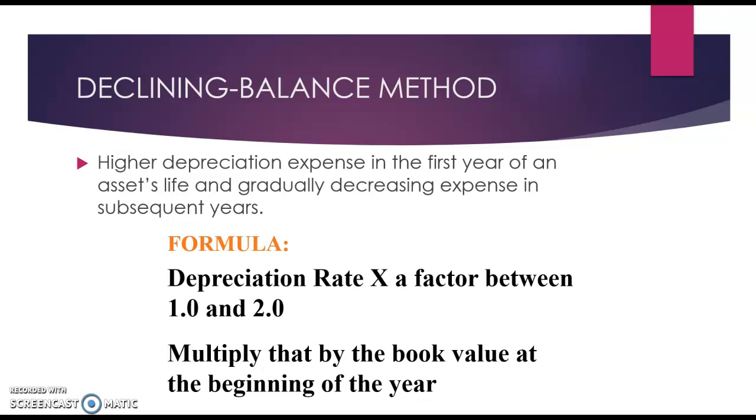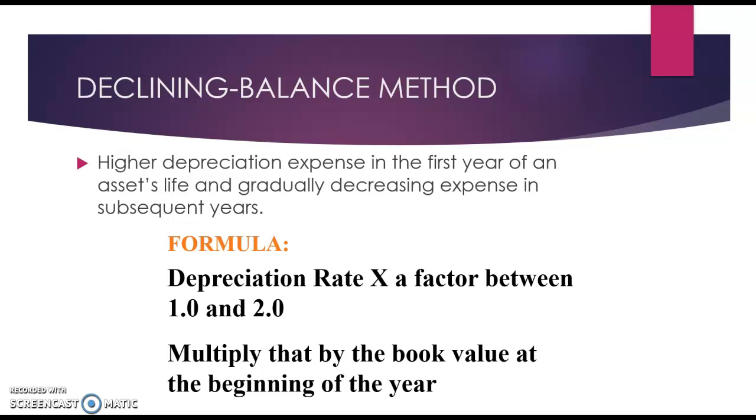So the depreciation cost allocation method should also reflect that if we are truly concerned with the matching principle, which says that we should match the depreciation expense with the revenues it helps to create. So if that machine is helping us make more stuff in the beginning, then more expense should be shown for that machine. So that's the general idea of an accelerated method.